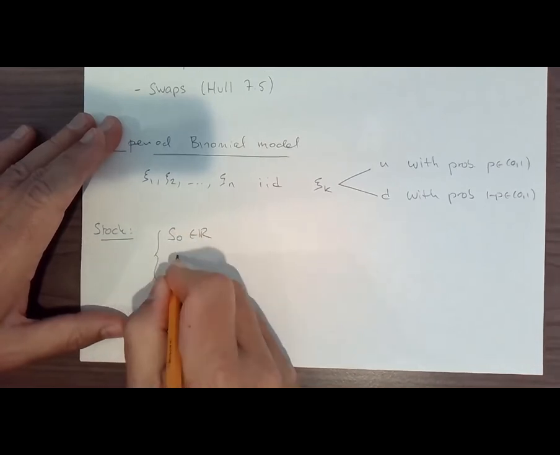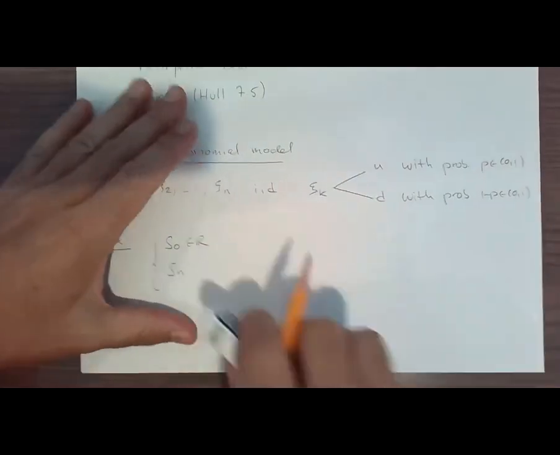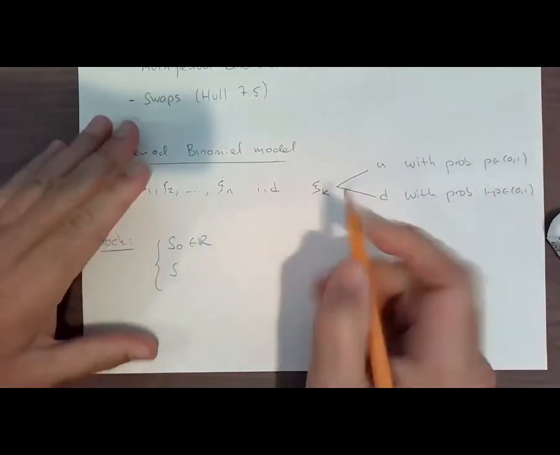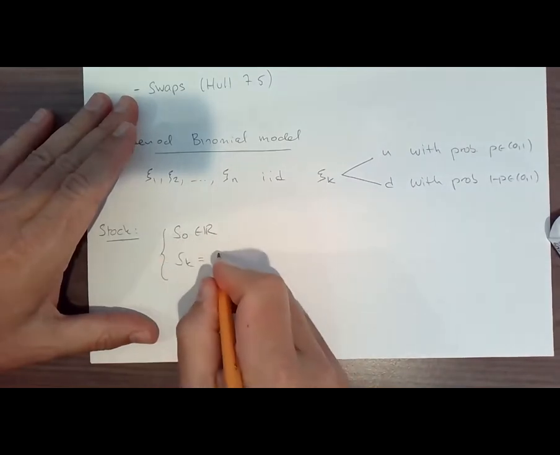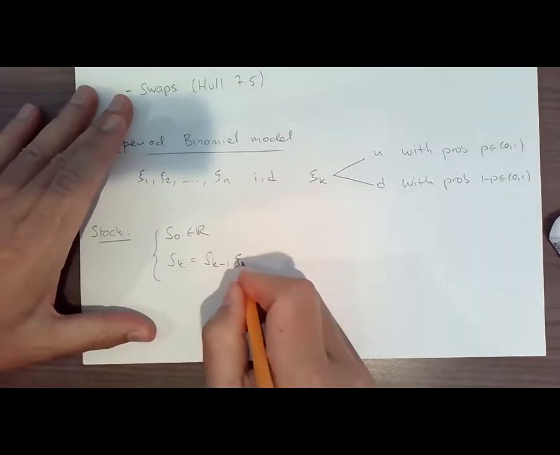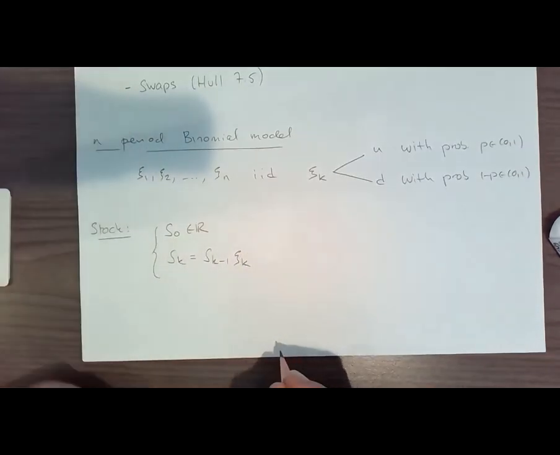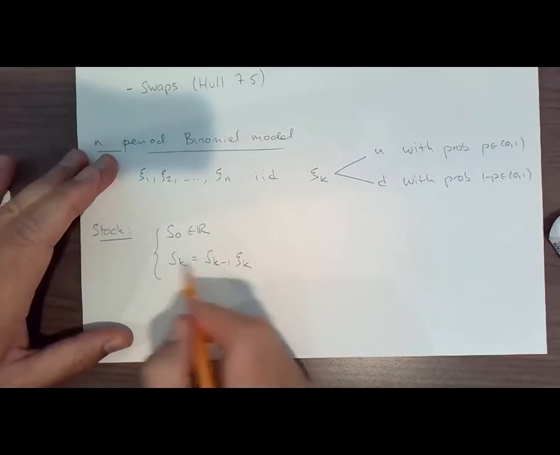You say that Sn, the stock price at time, maybe I should continue to use k here. The stock price at time k is equal to the previous stock price, so Sk minus 1 times the Bernoulli psi k.